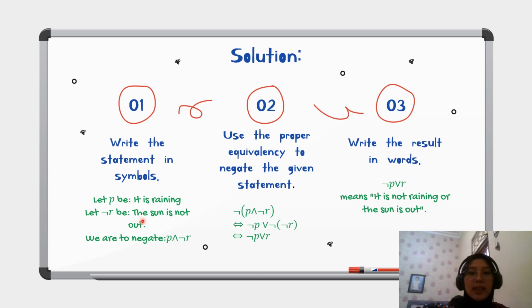We are to negate the conjunction P and negation R. So the negation of P and negation R is negation P or R.